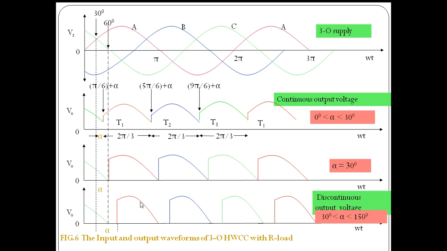It will be continuous until T2 is fired. At this instant, phase A voltage is 0, then T1 is reverse biased and it is switched off. So T1 is turned off, and there is no output voltage for a small duration, until T2 is fired and T2 conducts. Whenever phase B voltage reaches 0, it is subjected to reverse bias, and again T2 turns off.